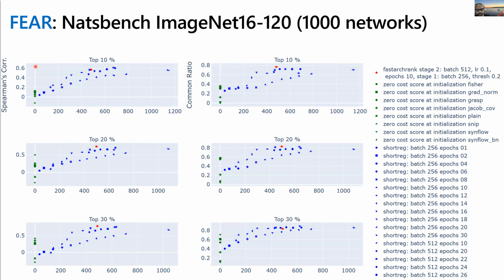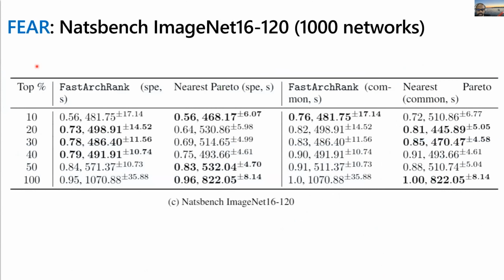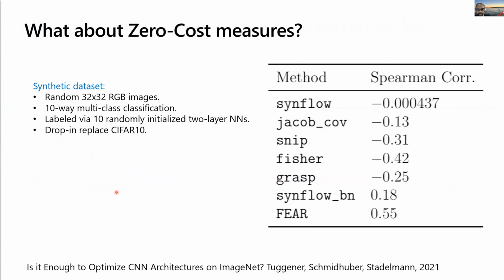but I don't see a particular reason why SynFlow, which is data agnostic... Okay, look, most of the other measures are not very good, but at least SynFlow seems to be very good. Why don't we use SynFlow for everything and then just close the chapter on ranking architectures? So Seb suggested actually a very nice experiment where he said, let's generate a synthetic data set.